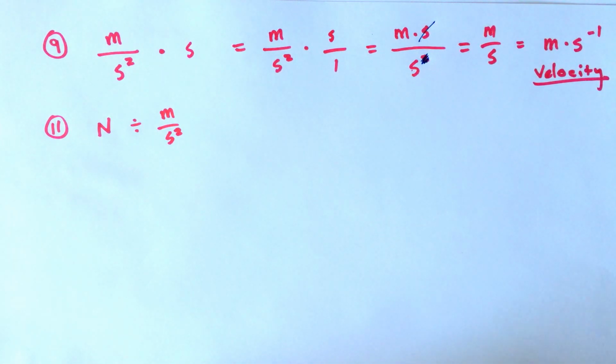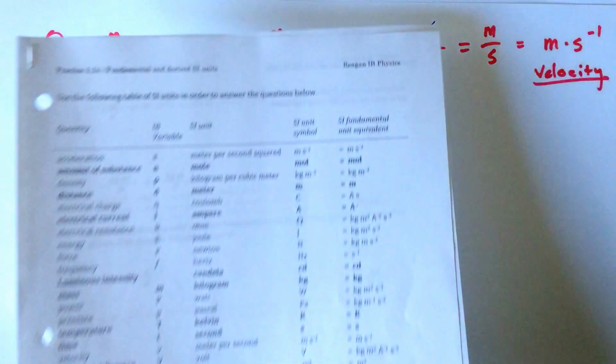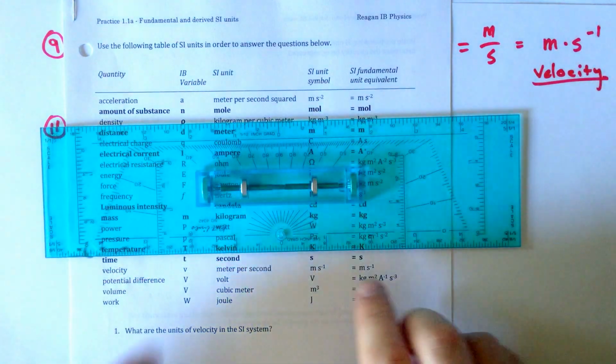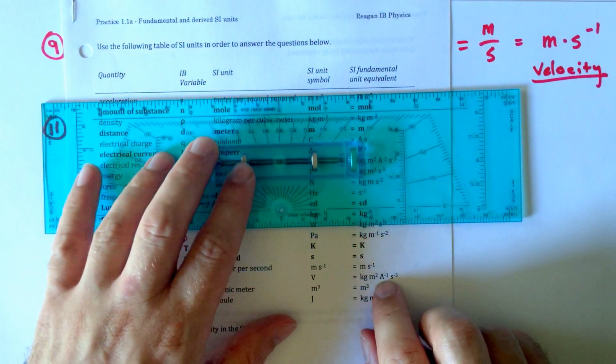Well, the trouble here is that newtons are not fundamental units. And so we can simplify this by taking newtons and moving it back into its fundamental units. And you'll see that'll give us some things that we can cancel out.